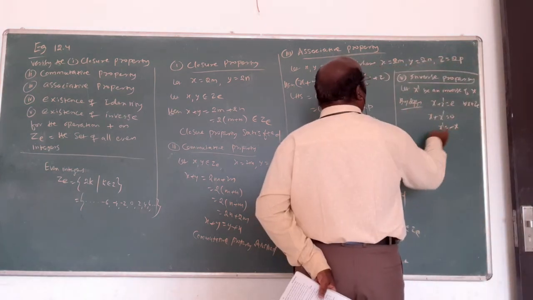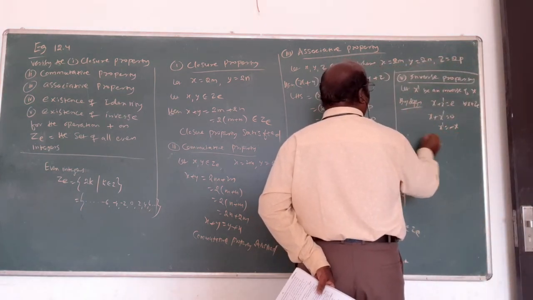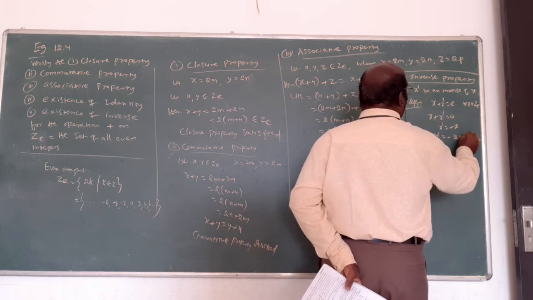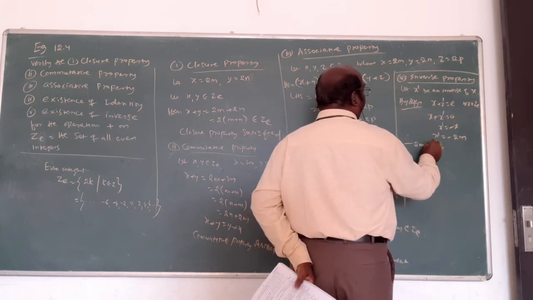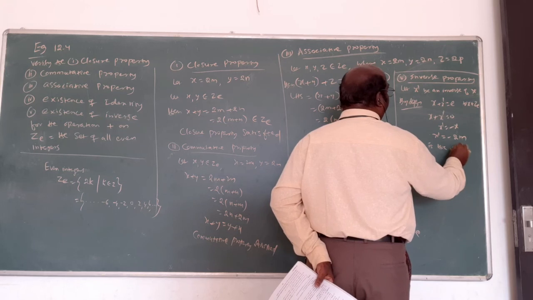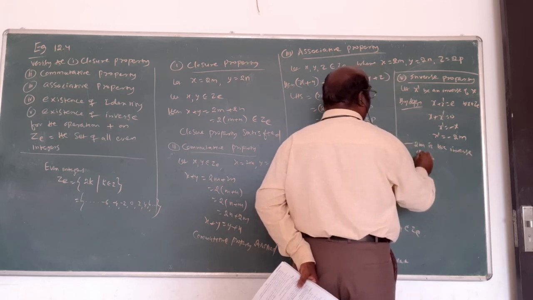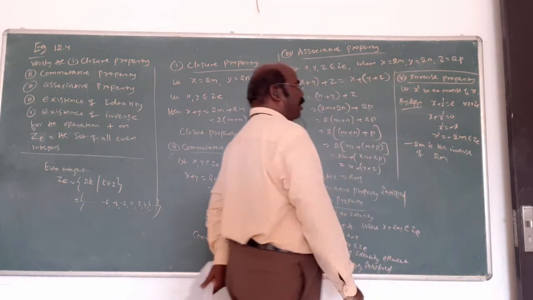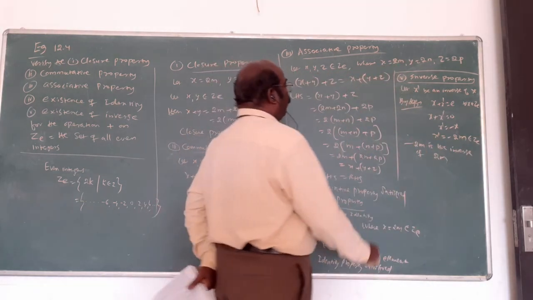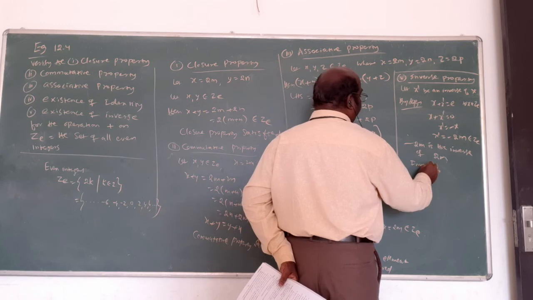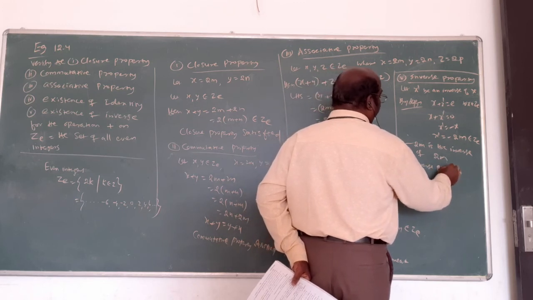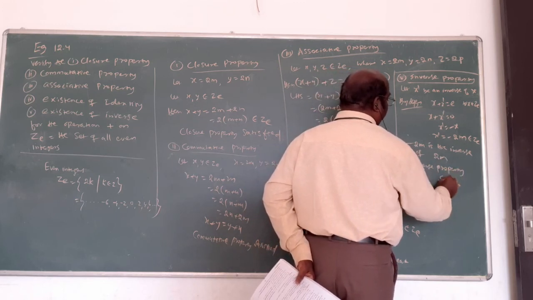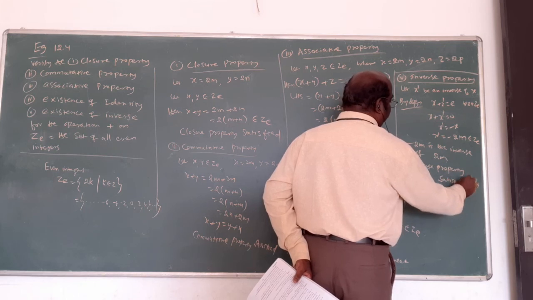Therefore my x is 2m, so minus 2m is the inverse of plus 2m. This also belongs to E. That's important. Therefore, inverse property satisfied.